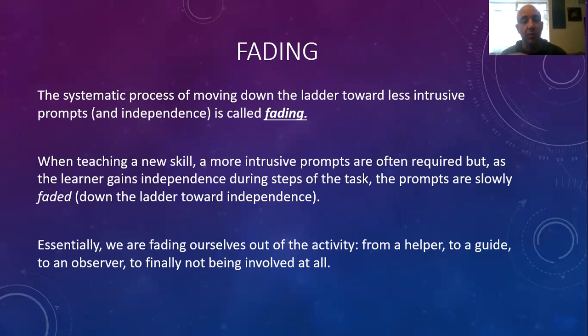So when teaching a new skill, more intrusive prompts are often required, but as the learner gains independence during the steps of the task, the prompts are slowly faded down the ladder toward independence, like I said before. And essentially, we're fading ourselves out of the activity. So whatever it might be, if it's dressing, that works; matching is a little bit different. If you're working on identifying letters and things, that might not be something you can really fade yourself out of completely.